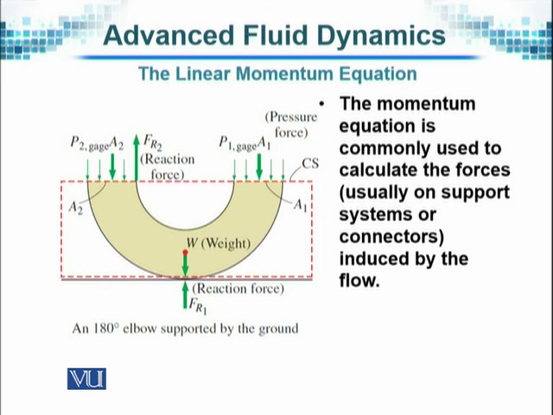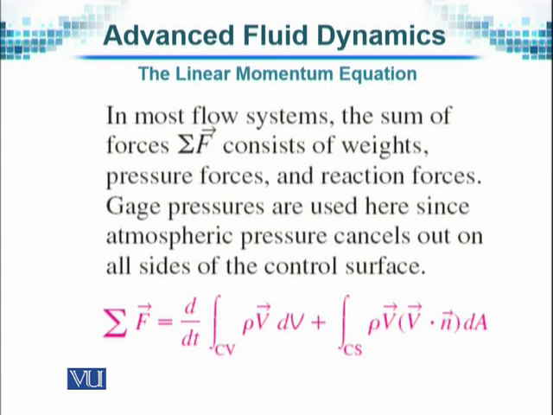The momentum equation is commonly used to calculate the forces, usually on supports or connectors, introduced by the flow. The flow in pipes and containers is considered, and again for a control volume, shown here by the red dotted line, the forces acting when the flow takes place are shown.